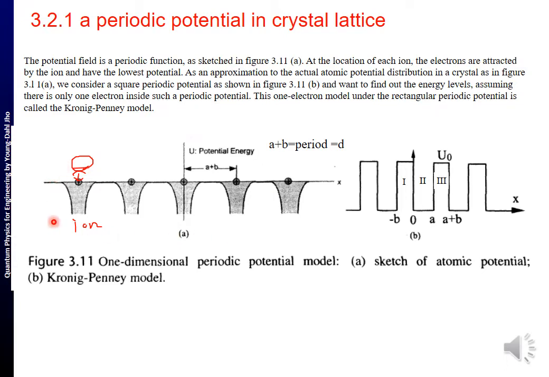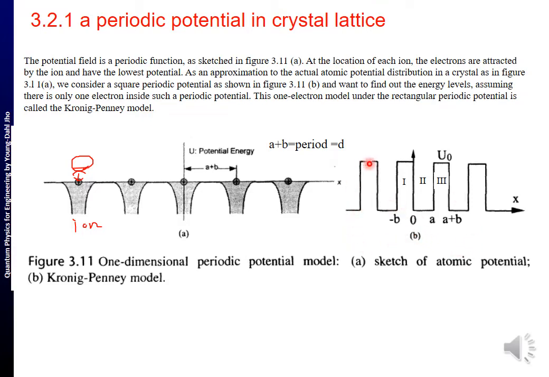This periodic potential shape is simplified like this because it is too hard to solve. So we rather use these structures. It is called multiple quantum wells. In this case, this one-electron model under the rectangular periodic potential is called the Kronig-Penney model.